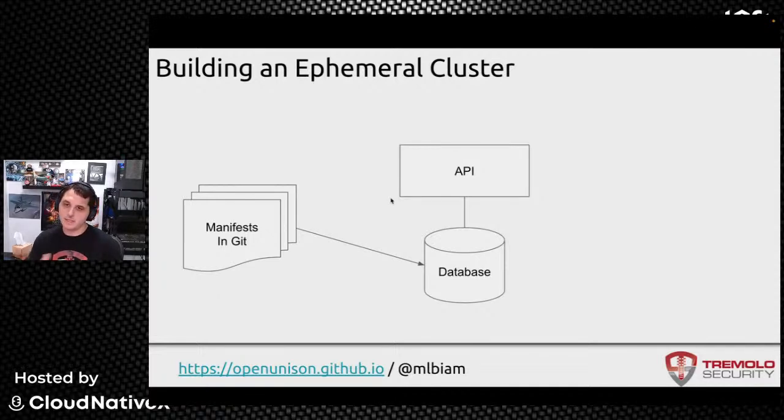Now, there might be an intermediary step where you've got something that generates something that goes in, like a Helm chart, right? But at the end of the day, you want your manifests, your declaration of infrastructure, to be outside of your cluster. So we're already starting to see the building blocks of the ephemeral cluster. If my manifests are not stored in my cluster, that means the database isn't super important. I can rebuild that from scratch.